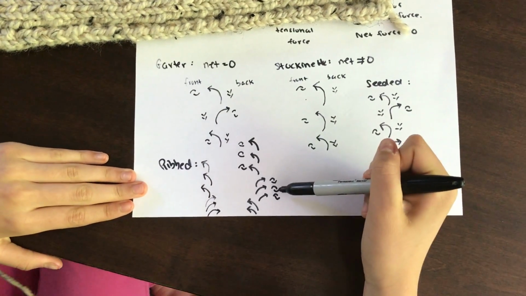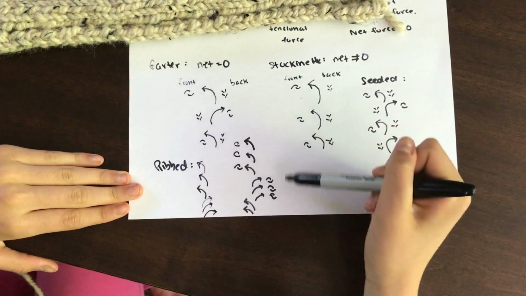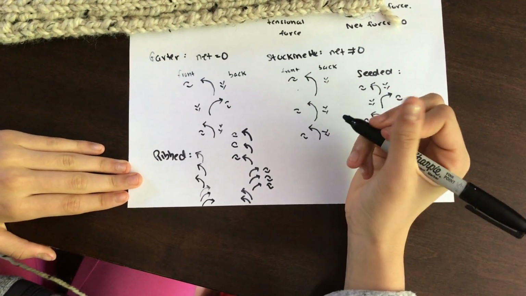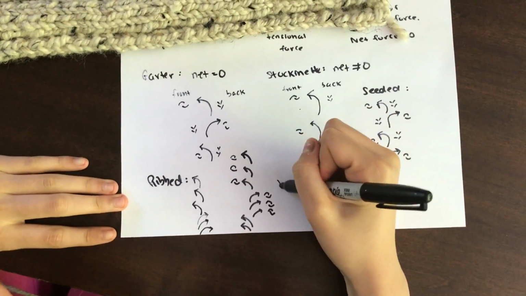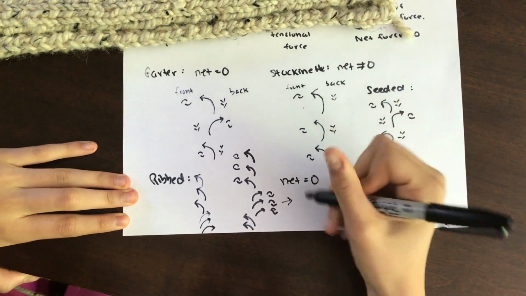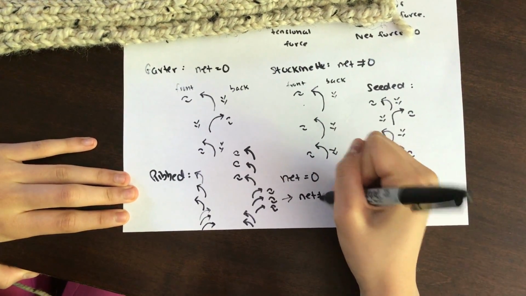This individual portion will curl, but as a whole they will not curl because 3 here and 3 here equalizes. So while the net force is 0 throughout the whole thing, the net force of each individual portion is never 0, just like the stockinette stitch.